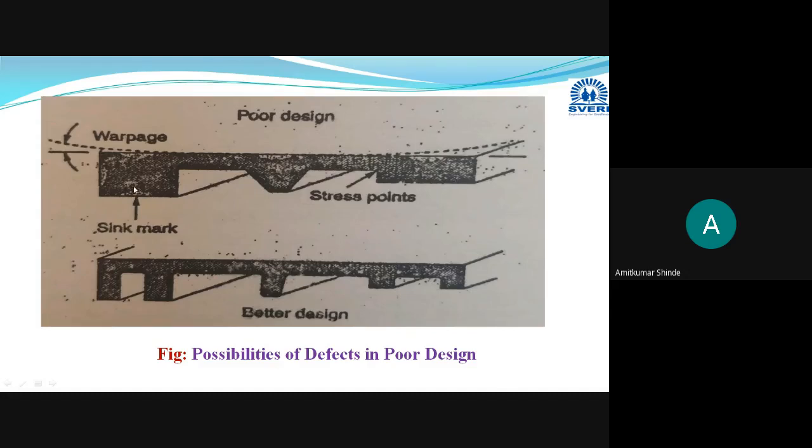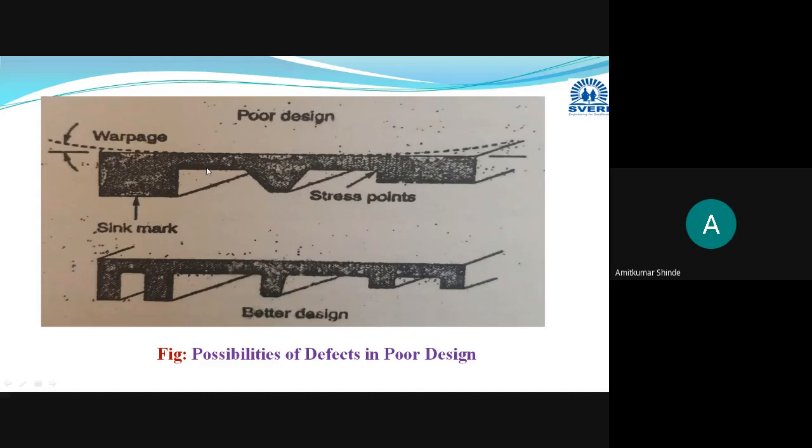In short, the wall thickness is non-uniform. At the corners it is thick, and at the center part it is thin. What will happen here is it will result in warpage and sink marks. Already we have discussed this, warpage and sink marks.